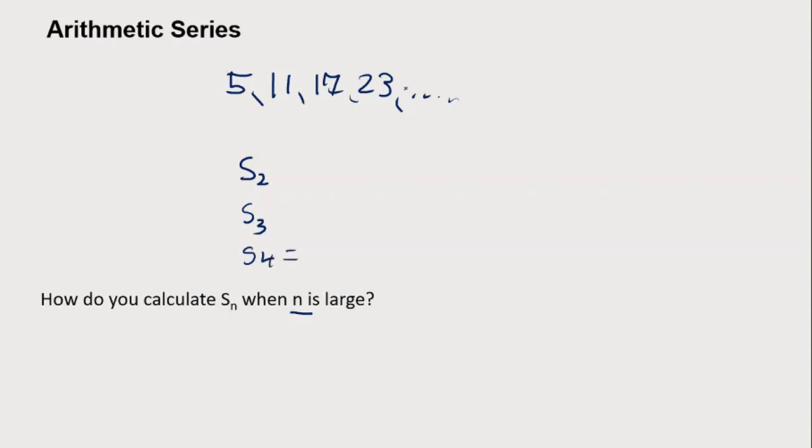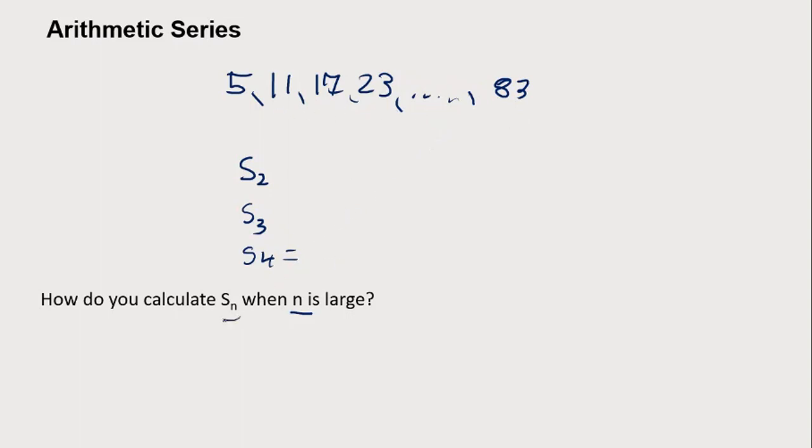I have these 4 terms. But imagine if this sequence is going on forever. Maybe it's an infinite sequence, or maybe it terminates at some other stage, maybe at 83 it terminates, and I want to add up all the terms. I don't want to actually calculate every single term and then add them up. It's not very convenient if there is loads of them to calculate.